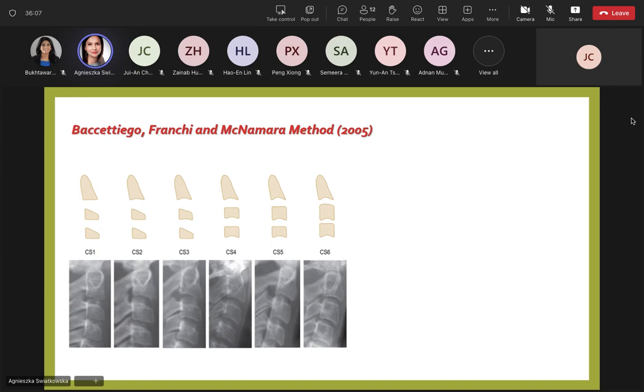Later, the same authors in 2005 changed this method, and we have at the moment still 6 stages.